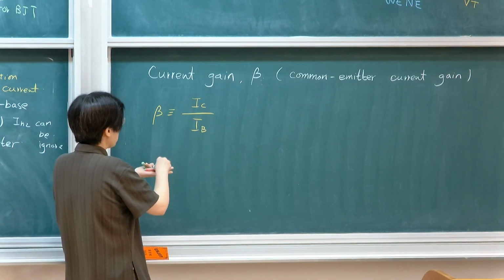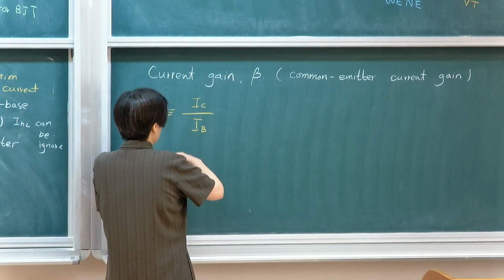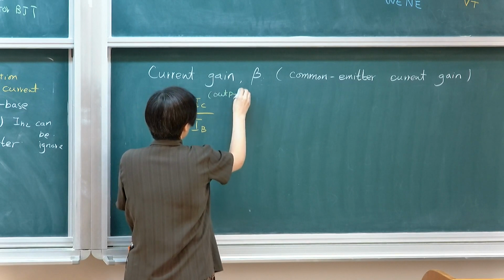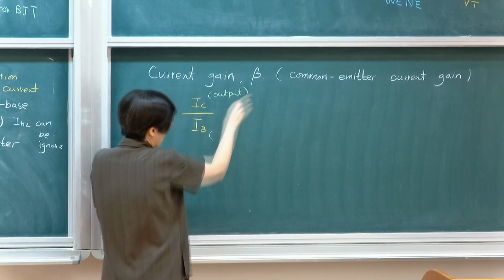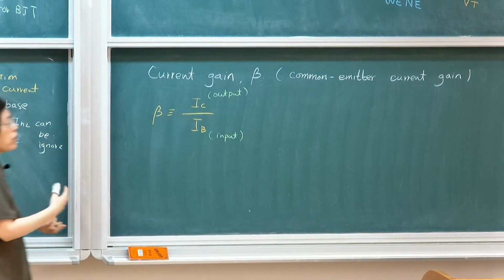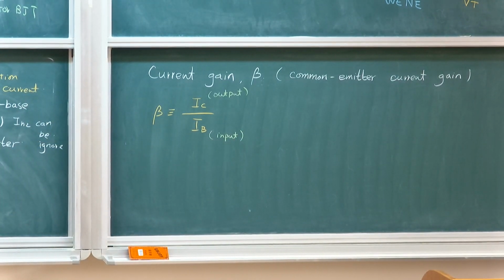In a common emitter structure, this typically is the output. Not always, but in this structure, this is the input. So how much you put in, and then the ultimate performance is IC.